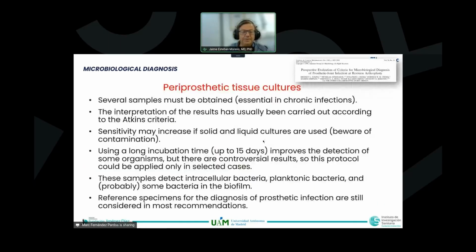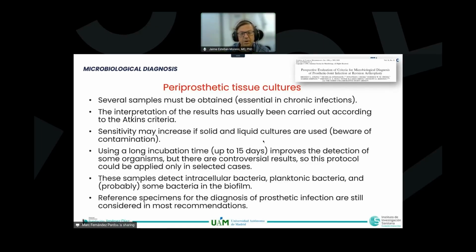For periprosthetic tissue cultures, it is the conventional, classical method that is the current gold standard for diagnosis of infection, and interpretation of the results has usually been performed with the Atkins criteria, although in many cases modified. Sensitivity can increase if liquid media are used, especially blood cultures.